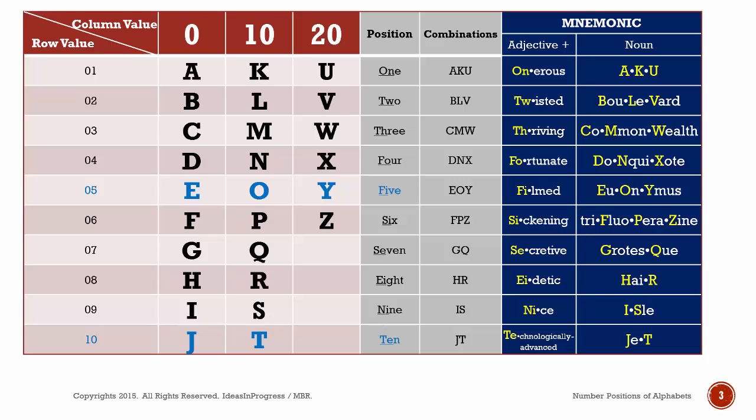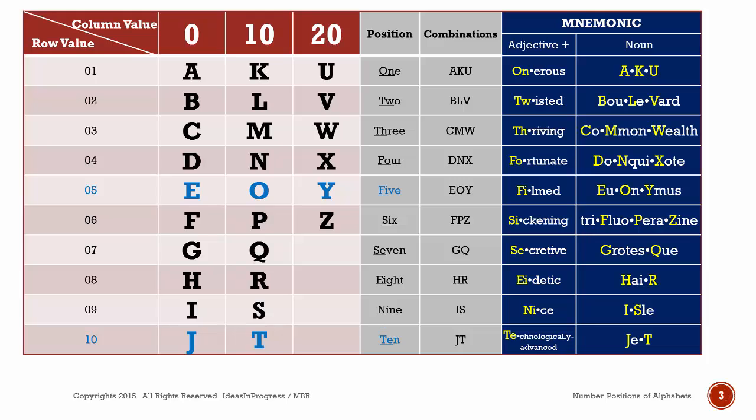The question is, if you memorize these mnemonics, how will it help you to recall the number positions? Let's take an example. Let's take the letter R. The way it works is you need to think which mnemonic does this R letter belong to. It's a noun, hair, HR, and the adjective associated with it is eidetic, eidetic hair.